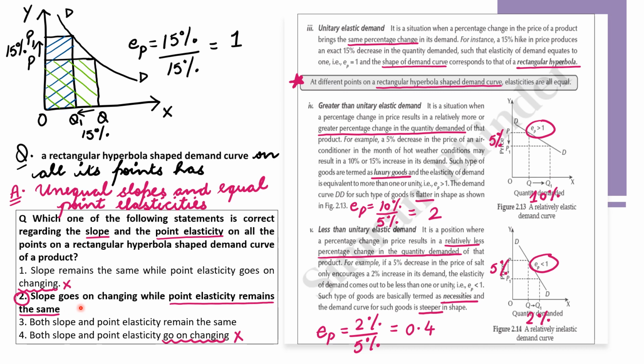You have to remember that the slope of the demand curve may be changing, but the point elasticities will always remain equal, or they will always remain the same. The fourth option, you can see point elasticity goes on changing. This is not the answer. You have to cross it out because you have learned that elasticities are all equal or the same.